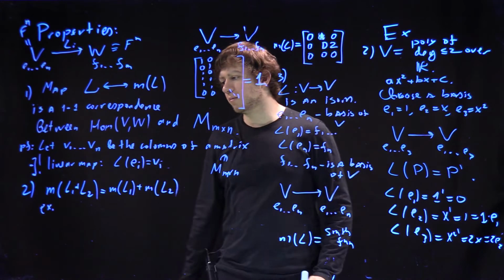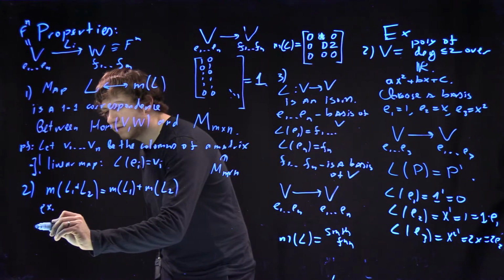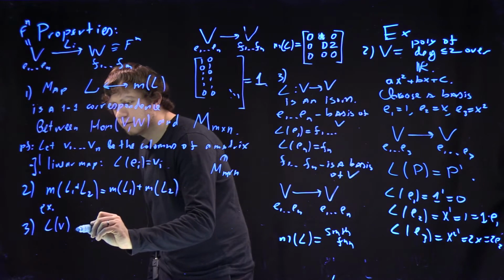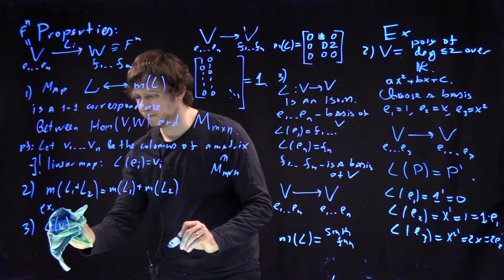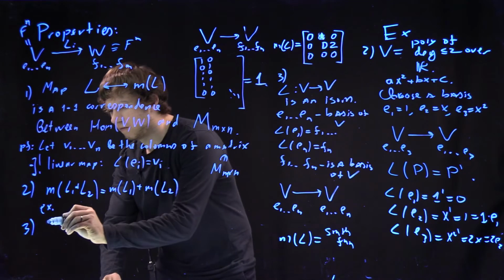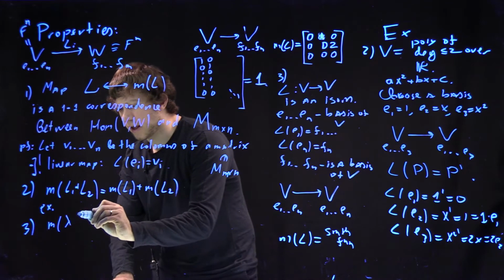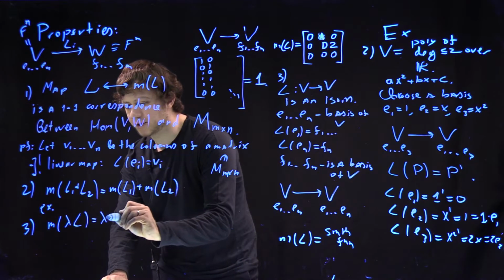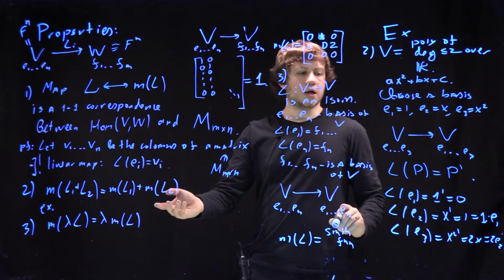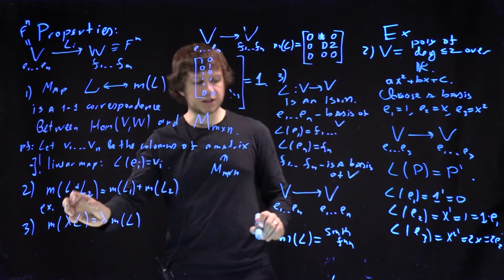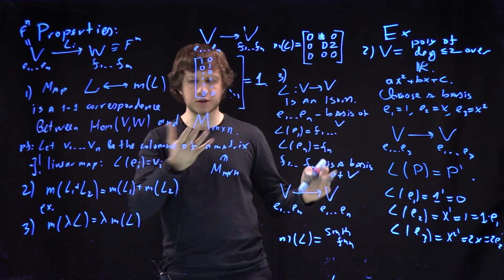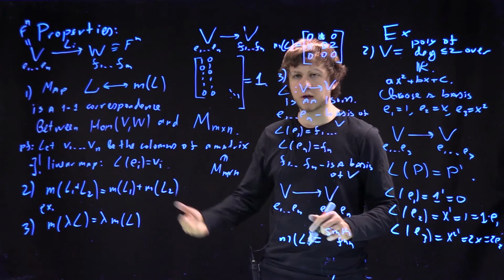Moreover, if you take the matrix of lambda L, then this matrix is just lambda times M of L. Basically, because when you take lambda L, it rescales all the vectors, and so you will just have to rescale all the coordinates in the matrix, and that's what multiplication by lambda is.